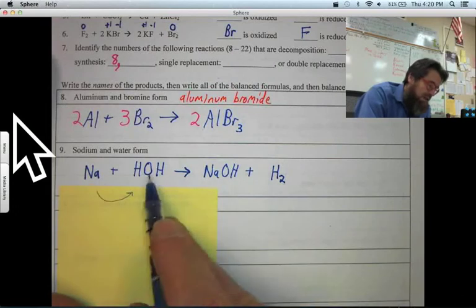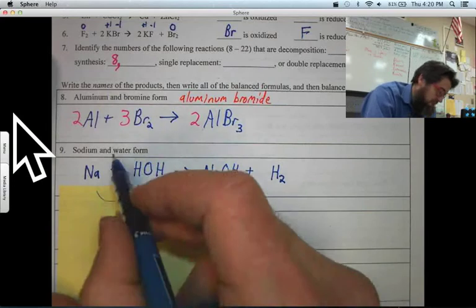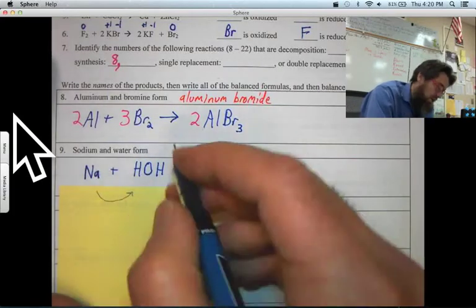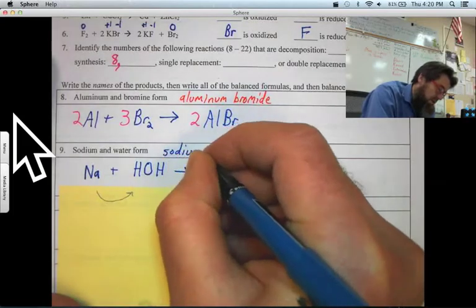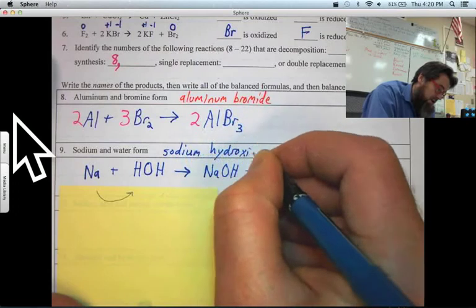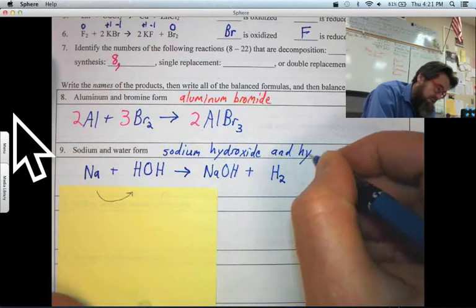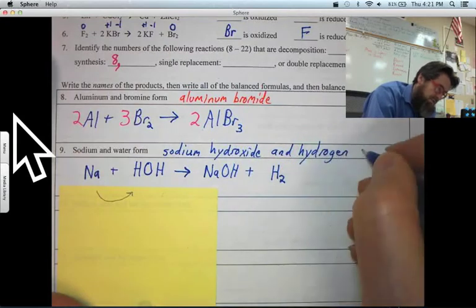We can complete the English sentence. Sodium and water form sodium hydroxide and hydrogen, or hydrogen gas, because it'll be bubbling hydrogen.